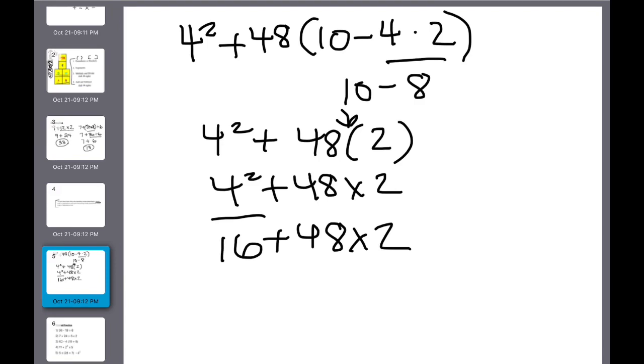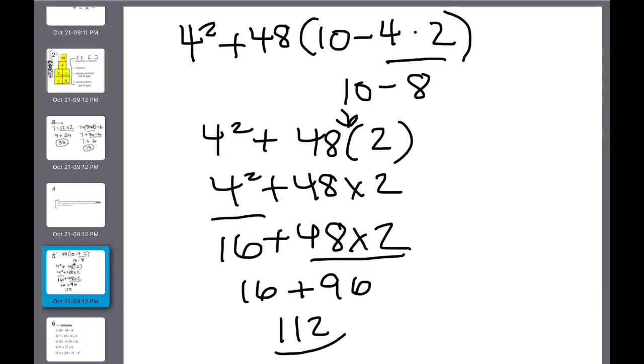This problem only has multiplication in it, so we're going to multiply 48 times 2 before we add. 48 times 2 is 96. And then we're going to add 16 plus 96. And that's going to give us 112. This is a 6th grade order of operations problem. Beautiful, isn't it? Let's pause the video and copy this example into your notes now.